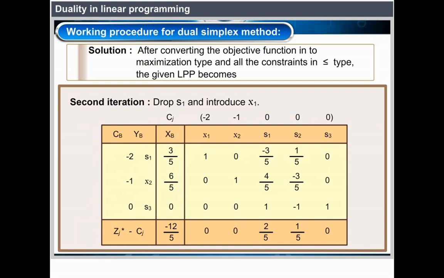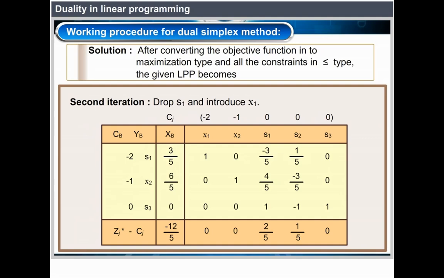Second row: minus 1 for cb, x2 for yb, 6 by 5 for xb, 0 for x1, 1 for x2, 4 by 5 for s1, minus 3 by 5 for s2, 0 for s3. Third row: 0 for cb, s3 for yb, 0 for xb, 0 for x1, 0 for x2, 1 for s1, minus 1 for s2, 1 for s3.